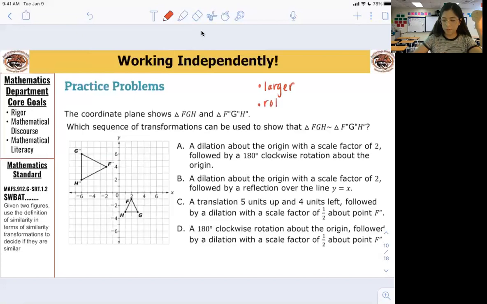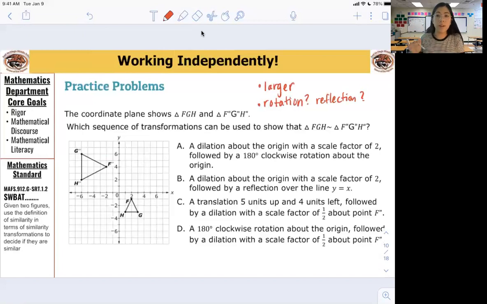Or no, probably a rotation or reflection. Rotation, maybe a reflection. Okay. So we know that for sure it got bigger, and then there was something else that seems like it was rotated, maybe reflected, right? So in other words, it changed the orientation. So whatever happened, it turned in some way or another.